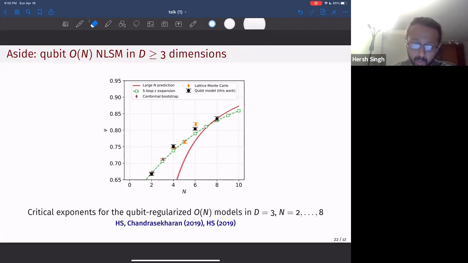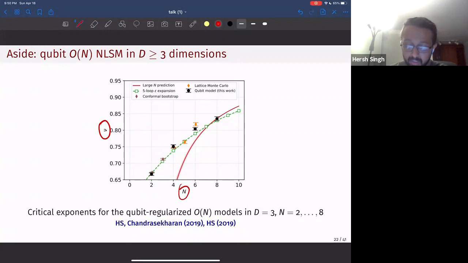So this is just a plot showing a critical exponent called nu, which is usually computed as a function of n for O(N). We were able to reproduce it. You get good agreement with the other known results in the literature.